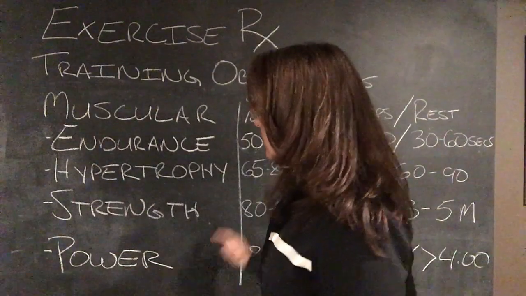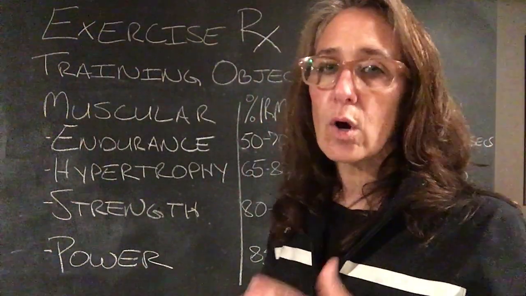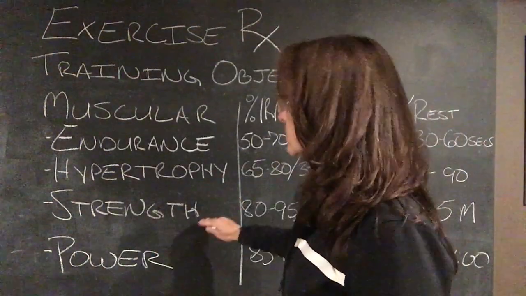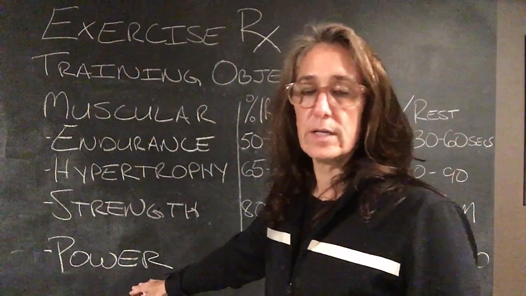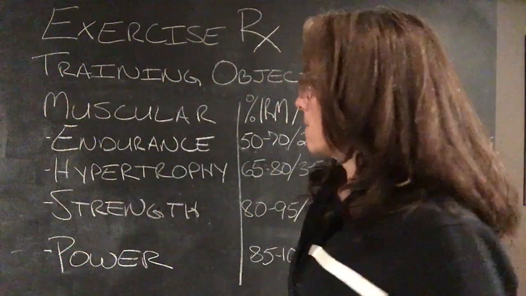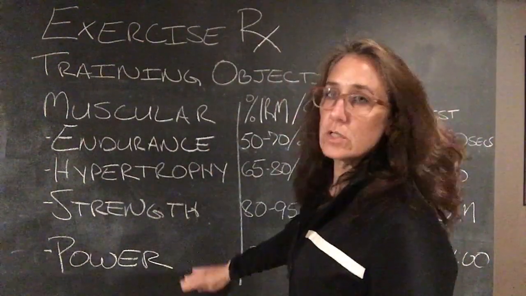What I do want to tell you, though, is, in terms of the distinction between the training objectives, they do all dovetail. I mean, you're going to become stronger if you engage in any of these training objectives. But at the further ends of the spectrum, this is where you really start to see the difference.